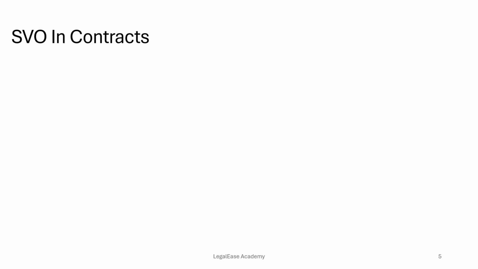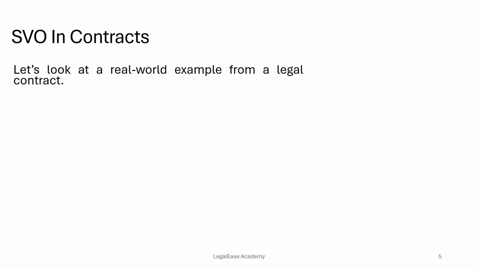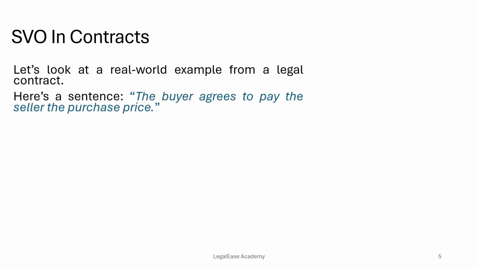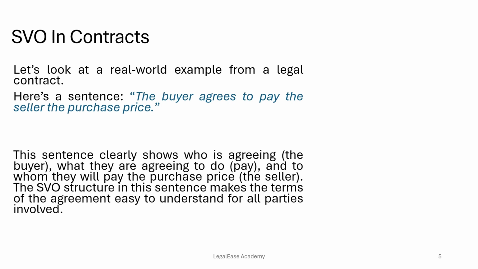So looking at subject, verb, and object in contract then. So we will take a real world or a real life example for this one. So the sentence, "The buyer agrees to pay the seller the purchase price." So this is an example of a sentence that you might see in a contract. The buyer agrees to pay the seller the purchase price.